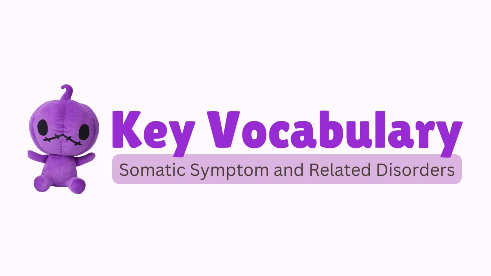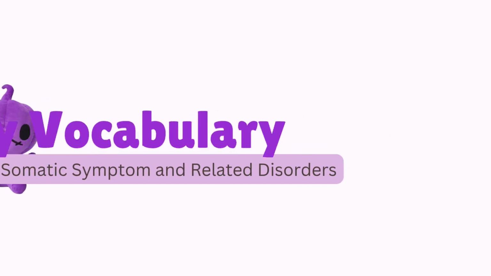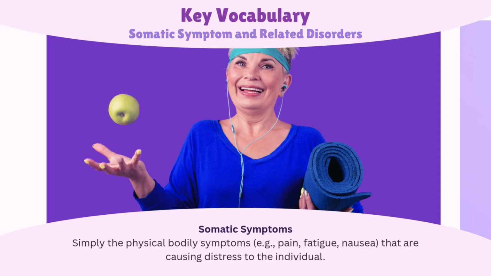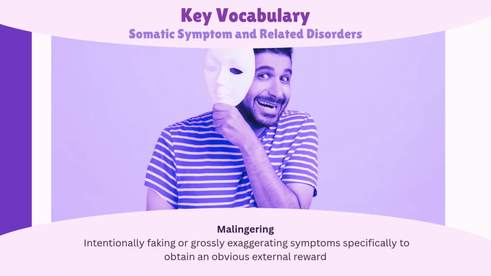First, let's go over some key vocabulary. First, somatic symptoms. These are simply the physical bodily symptoms such as pain, fatigue, nausea, and more, all of which cause distress. Next is malingering. It is important to note that malingering is not a mental disorder.